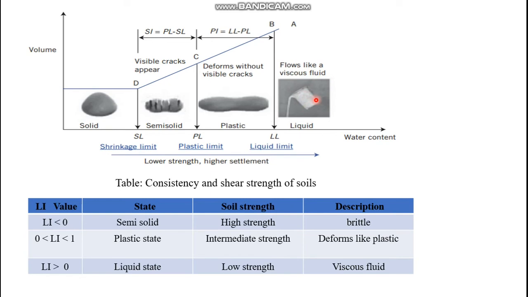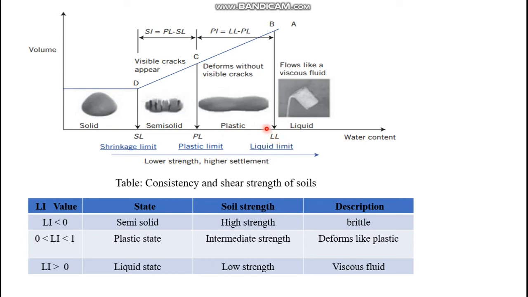If you intentionally reduce the water content by exposing it to the atmosphere, or by using an oven, it will reach a point at which the soil stops behaving as a liquid and starts behaving as a plastic. This limit is known as the liquid limit.